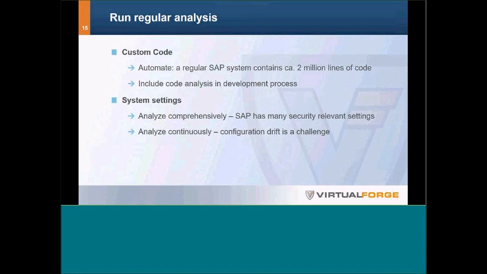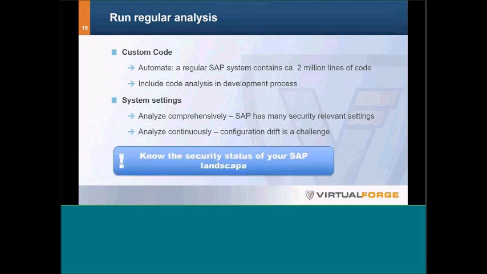The administrator will be happy to do that, and then he forgets to roll it back after the project has been finished. And all of a sudden you have an insecure SAP system again. So analyze not only once but continuously. The goal of the game is, of course, to know the security status of your SAP landscape in general.